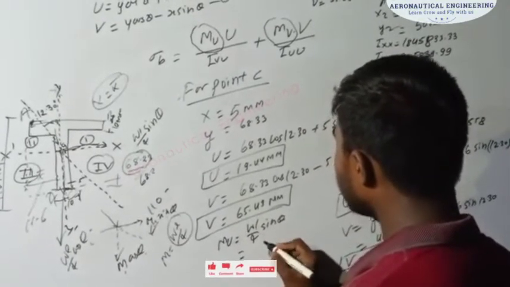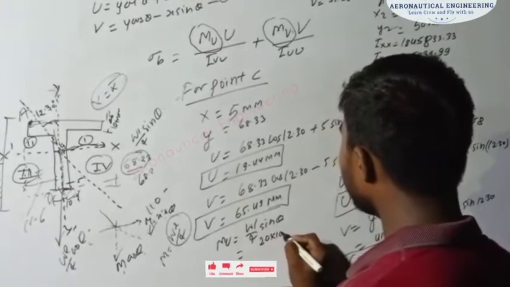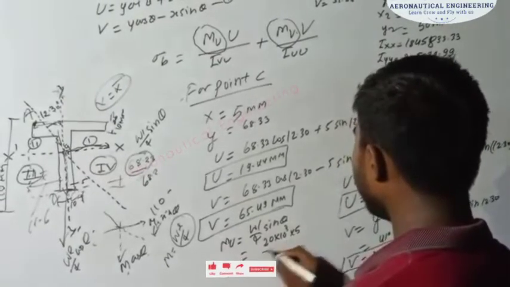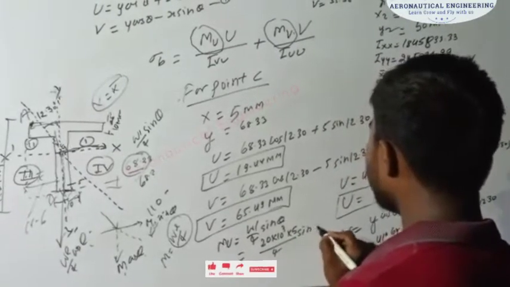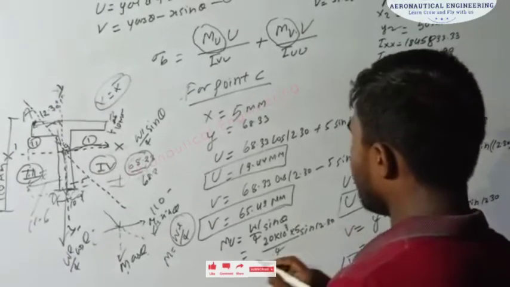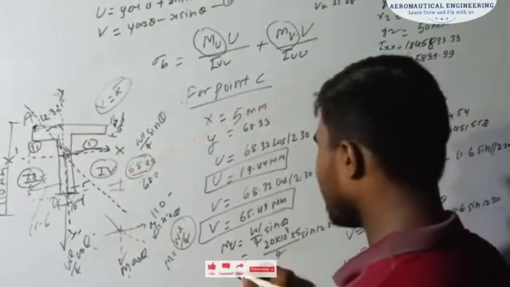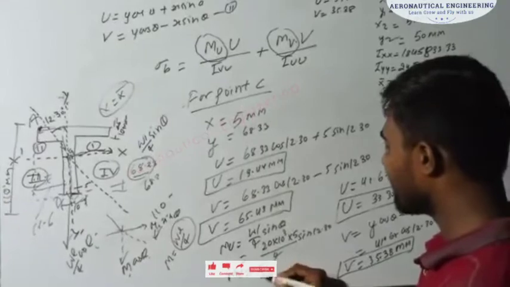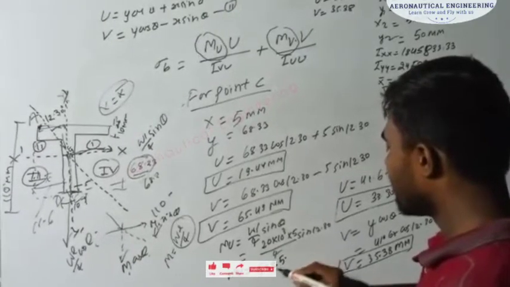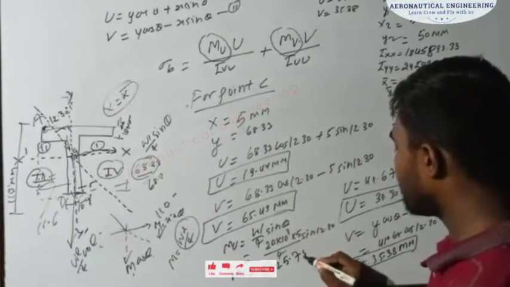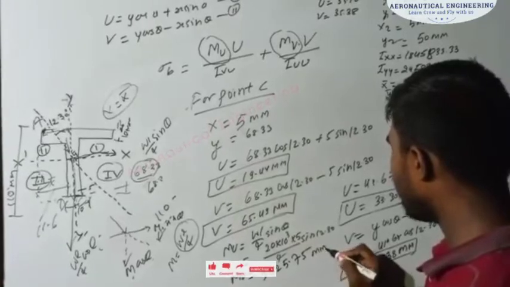So W value is how much? 20 kilonewton, so 20 into 10 power 3. L value is 5, upon 4. Sin theta value is 12.30. After calculating this, we get Mv equal to 5325.75 Nmm.